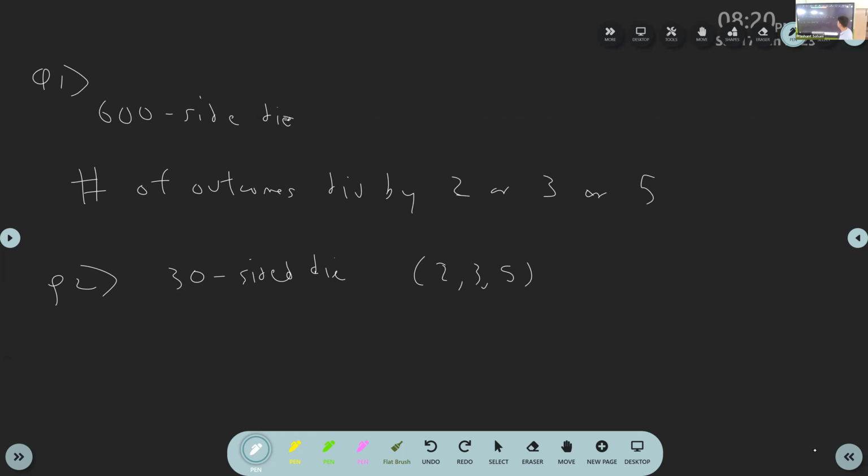Okay. So if I just list the numbers, here I list only the numbers which are okay. So 2 is allowed, 3 is allowed, 4, 5, 6, 7 is allowed, 8, 9.